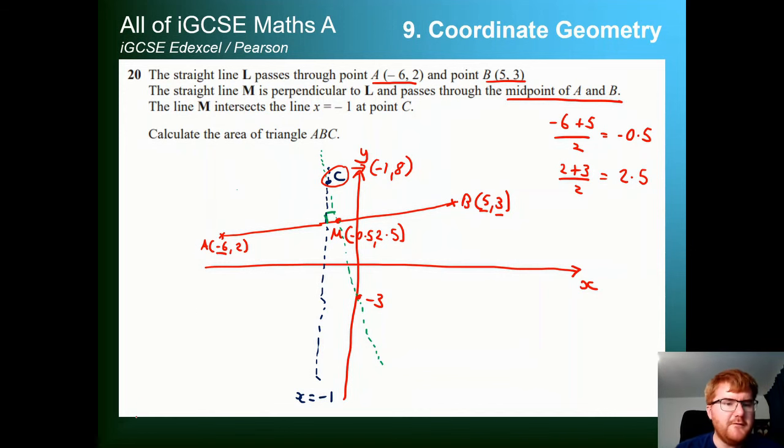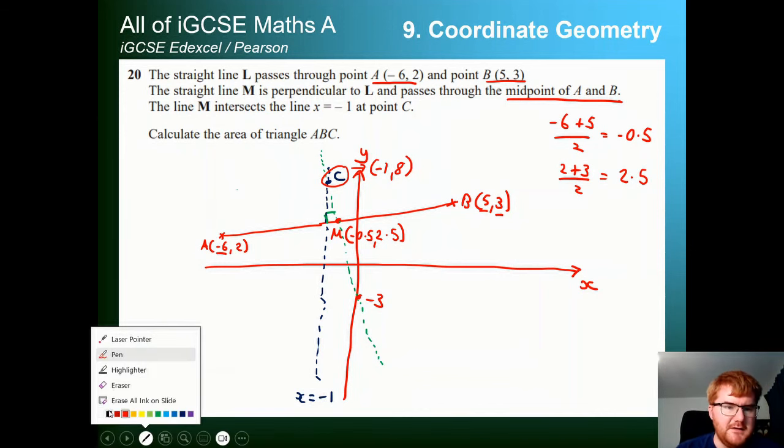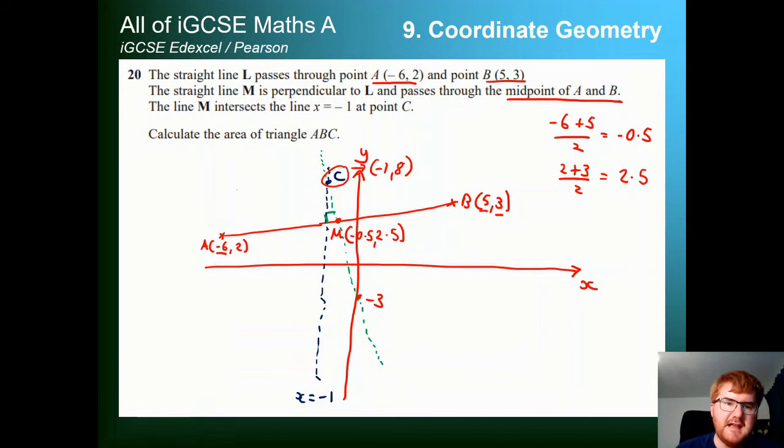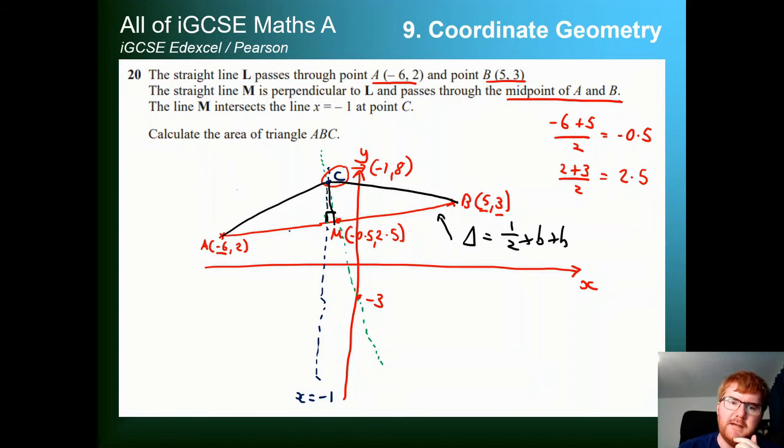Okay, so we've got then some facts here that are going to be useful for us. What we want to find is the area of this triangle. Now, the thing to notice here is that this line is perpendicular. So we can actually use the formula here for the triangle, half base times height, where the base is this long length from A to B, and the height is this length MC.